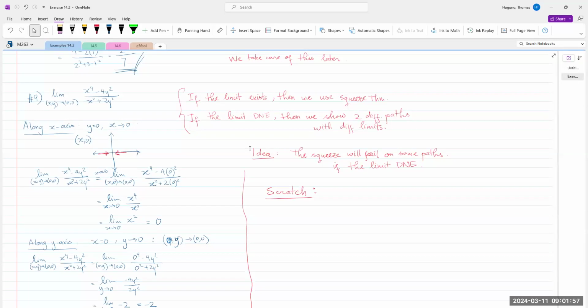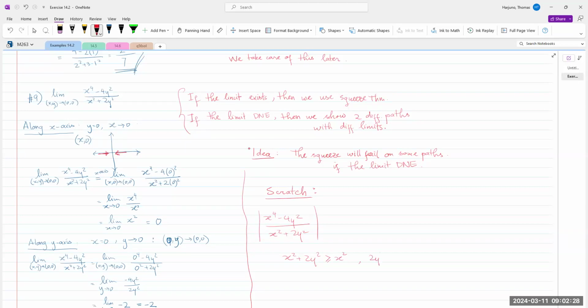But if you want a more systematic approach to see why it works and why it doesn't work, we do it this way. Notice the absolute value of (x to the fourth minus 4y squared) over (x squared plus 2y squared). Notice that x squared plus 2y squared is always greater than or equal to x squared. Why?